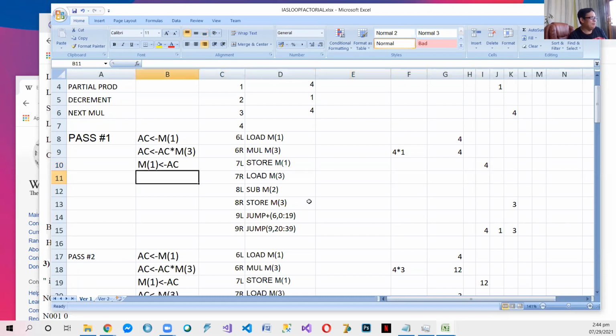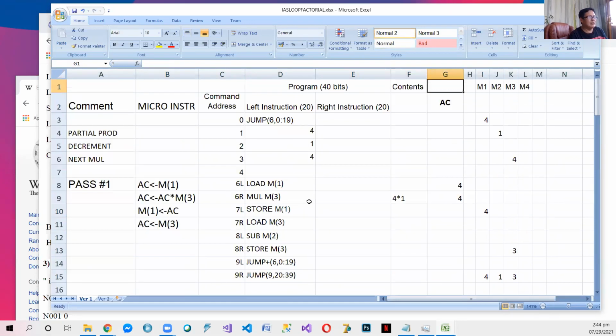We load M3. AC receives M of 3. Do you follow? So what is M of 3? It's 4. Do you follow? No? M of 3 is 4. Okay, so this becomes 4. We sub M2. So AC receives AC minus M of 2.